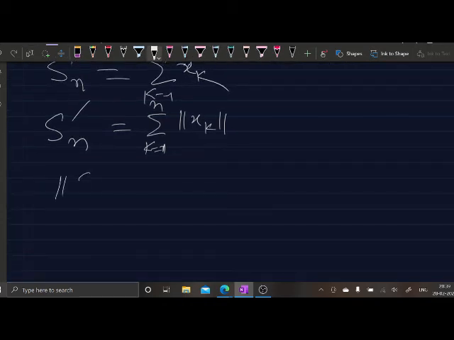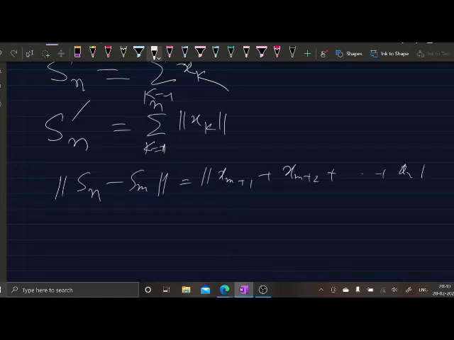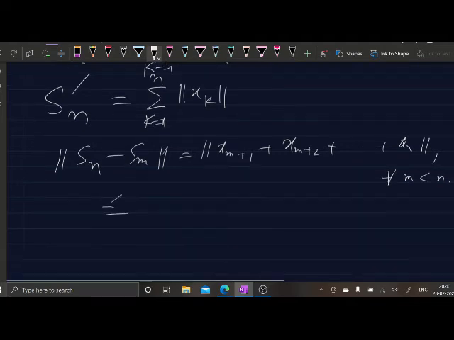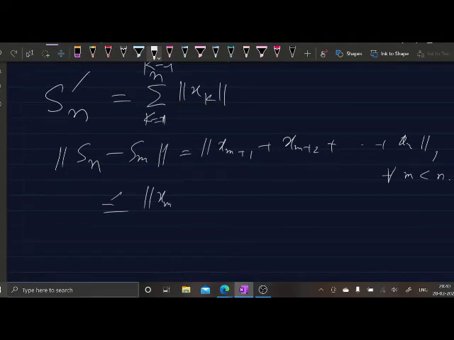Now norm of Sn minus Sm is going to be equal to norm of xm plus 1, xm plus 2 plus ... xn, right, for all m less than n, and which is going to be less or equal to norm of xm plus 1 plus norm of xm plus 2 plus ... norm of xn.